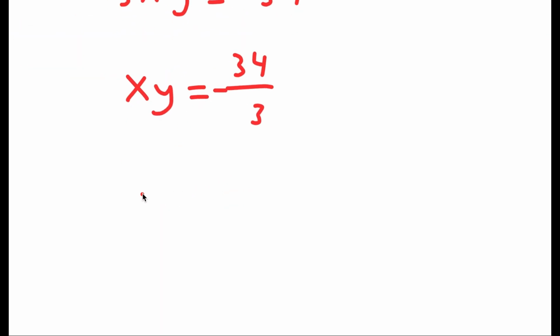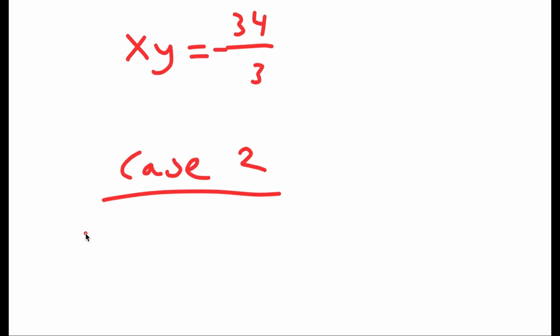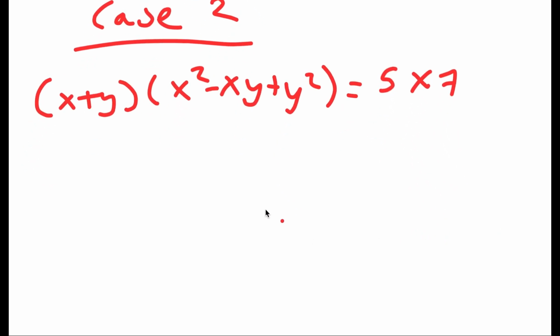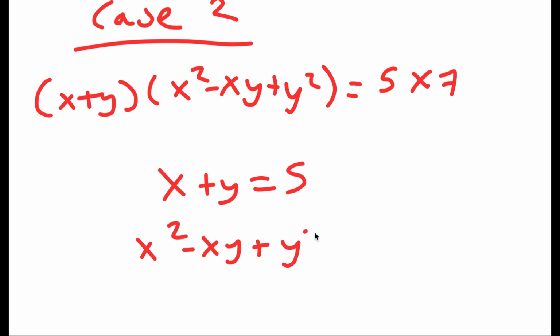Now I'm going to go over to case 2, where x plus y times x squared minus xy plus y squared is equal to 5 times 7. So x plus y is equal to 5 in this case, and x squared minus xy plus y squared is equal to 7.